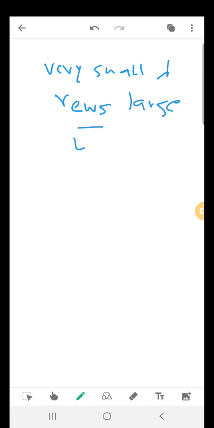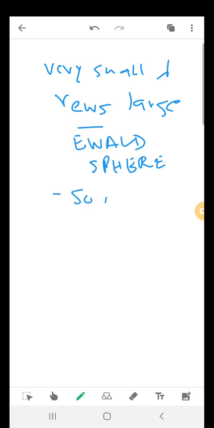EWS stands for Ewald sphere. It intersects sections of the spikes to give elongated spots.